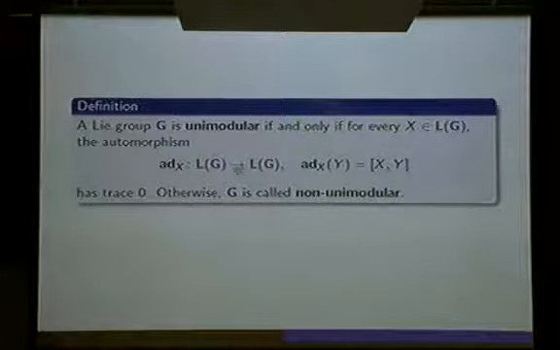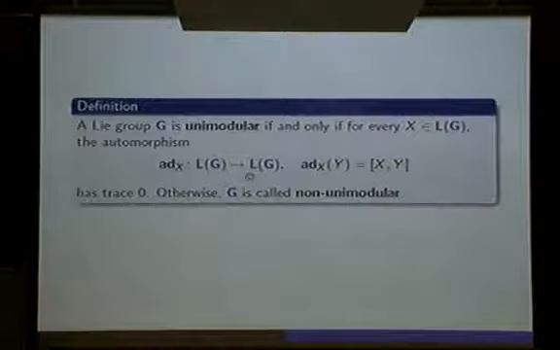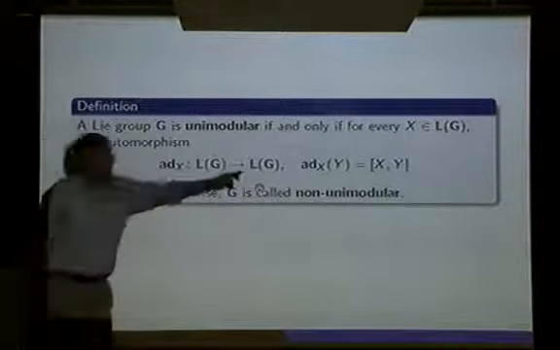That linear transformation has a trace, and the trace is 0. That's equivalent to being unimodular. It's probably the simplest definition. So that's what unimodular is. To be not unimodular means that this trace is non-zero.